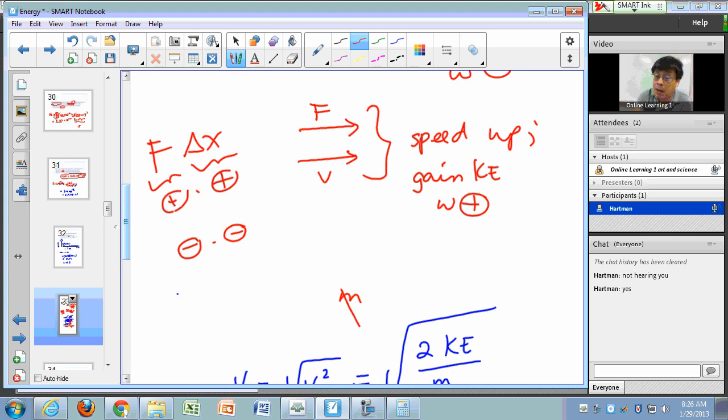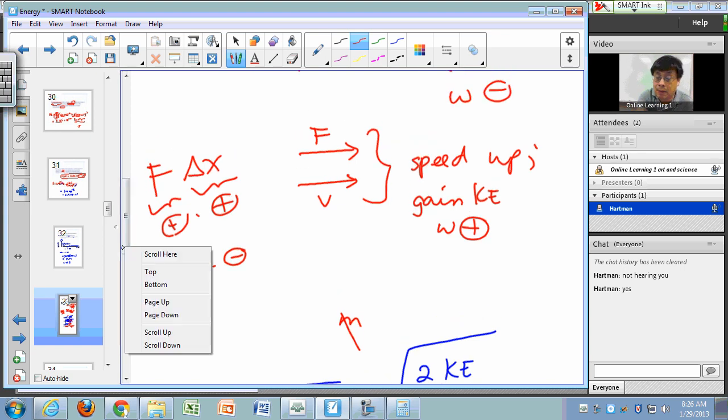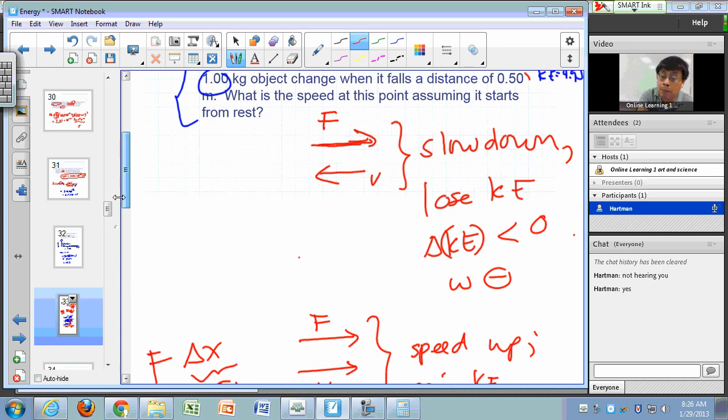So work is positive if your force and your displacement are pointing in the same direction. You would expect the object to speed up. Okay? But if your force and your displacement are pointing in opposite directions, so if your force is positive and your displacement is negative, so you're applying a force opposite to the direction of its motion, then the work is negative. You would expect it to slow down.